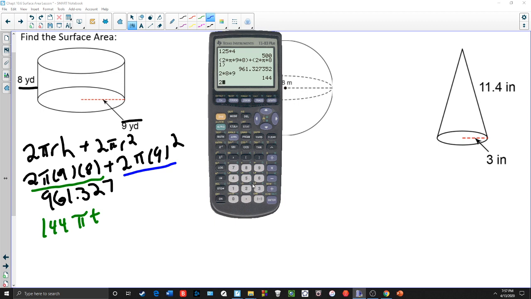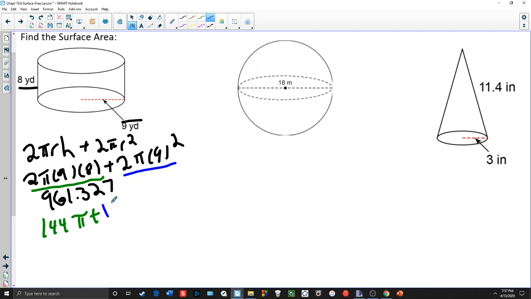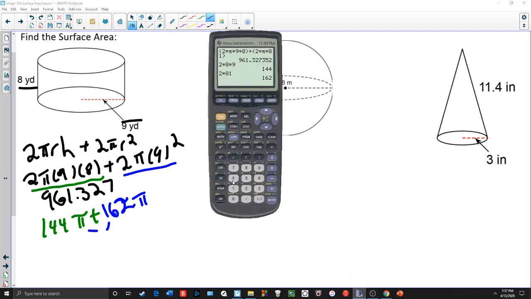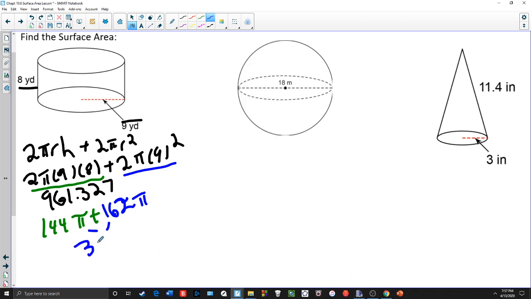So 2 times 9 squared, which is 81. I get 162 pi. And then I would add these together, once again, ignoring pi. So 162 plus 144, and I'd get 306 pi as my answer.